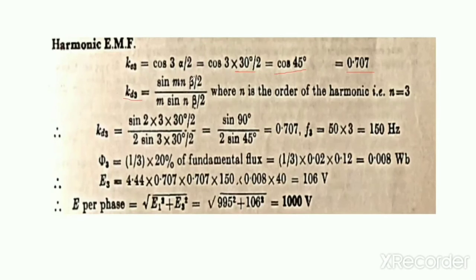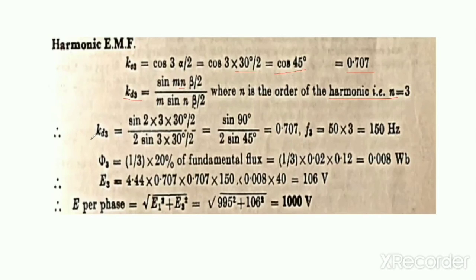Next we calculate the Kd3. When we are considering the harmonic value, the formula for the distribution factor is sin mn beta by 2 divided by m sin n beta by 2, where n is the order of the harmonic. In this case, n is equal to 3. Clear?